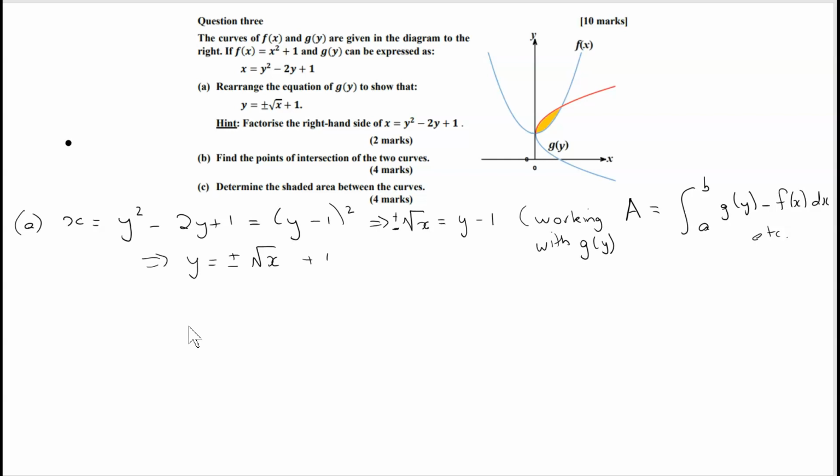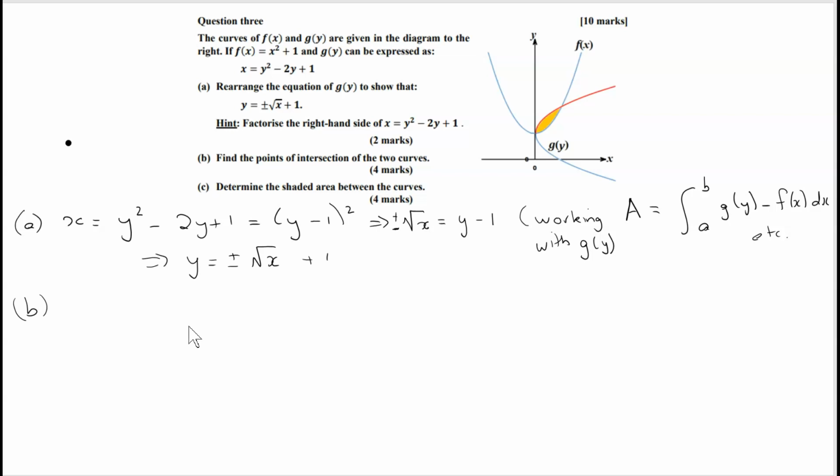But what you've now got is two functions, both of which are expressed in terms of x, and now you can find the intersection, which is what you need to find a and b in the integral part of the question.